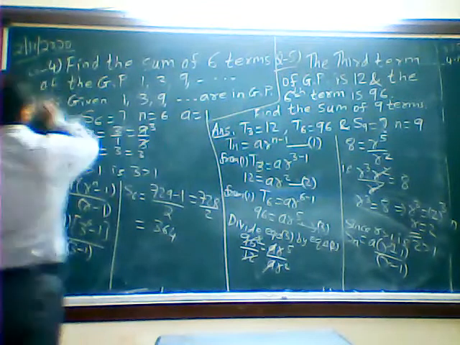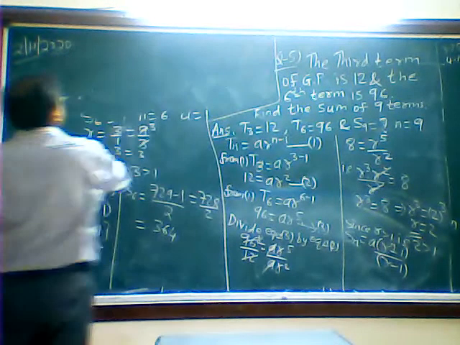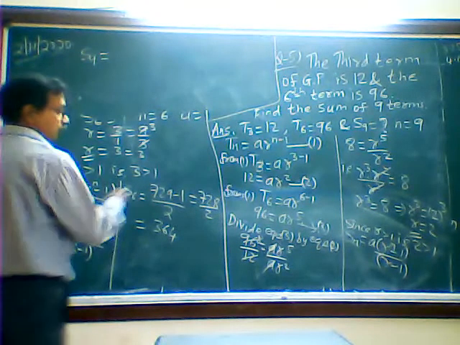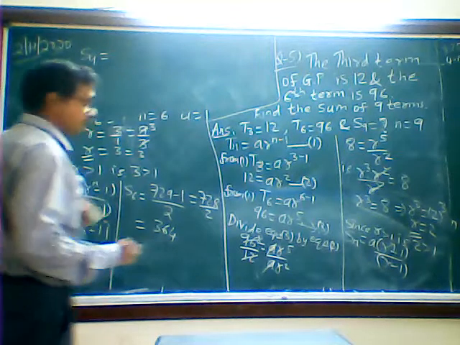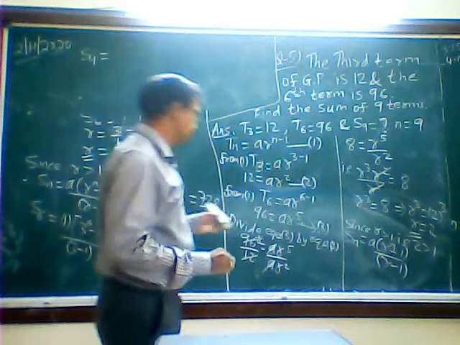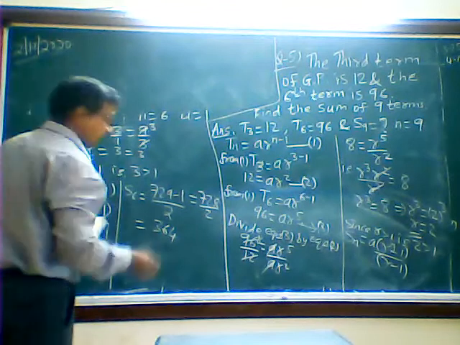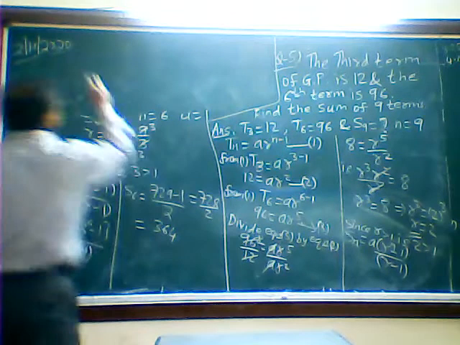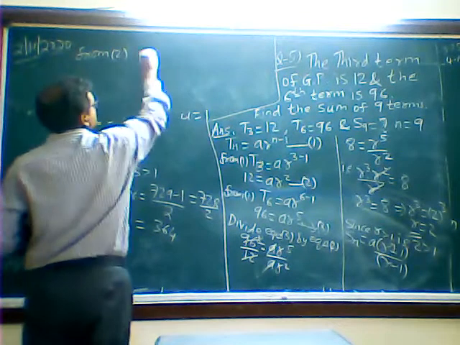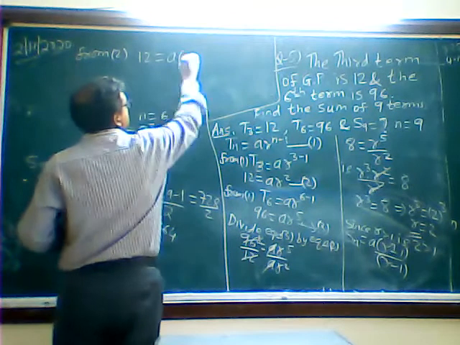S9 is equal to, what is A? We have not found out A. We have found out r is equal to 2, so we will put it in equation 2 to get A. From 2, 12 is equal to A into r square, r is 2, so 2 square.